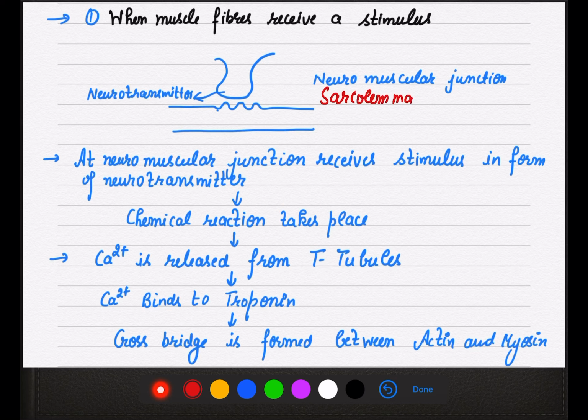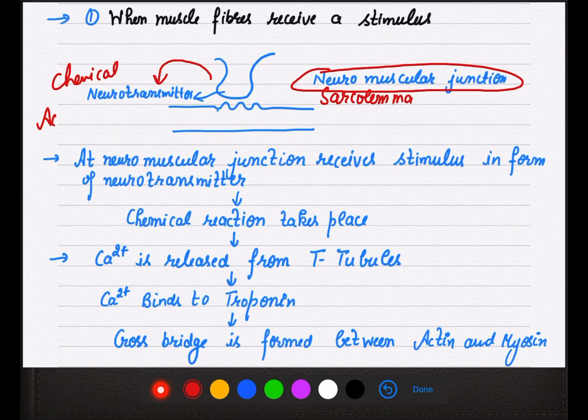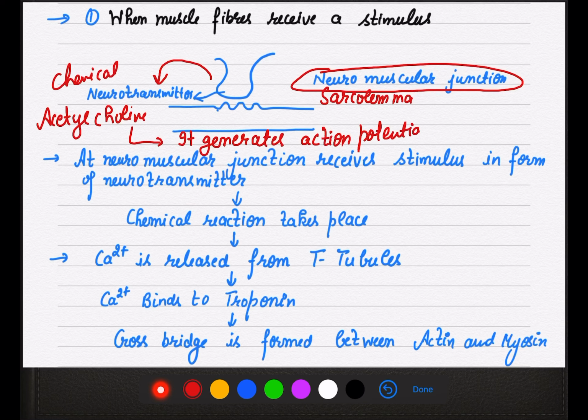So the sarcolemma receives the signal, and when a neural signal reaches this junction, it releases a chemical, and that chemical is a neurotransmitter, and most of the time it is acetylcholine. Now what will this do? It generates action potential impulses in the sarcolemma. And who carries the impulses from the sarcolemma?